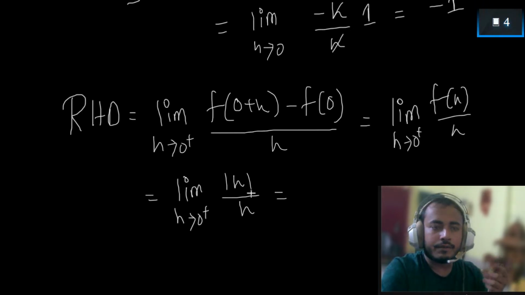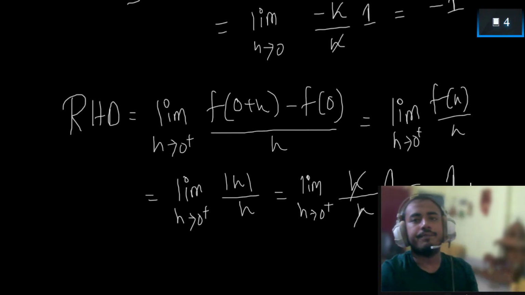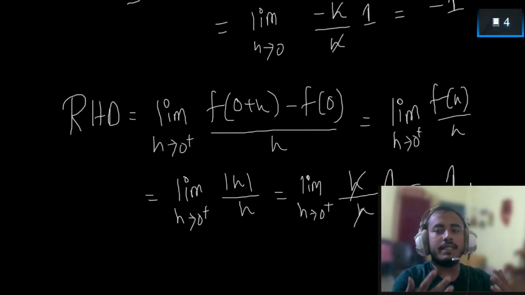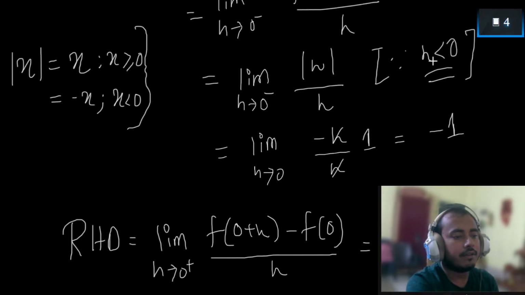If h is positive, then mod h is positive h, right? So limit h tends to 0 plus h upon h, cancel it off, you get 1. The answer is 1. So basically this is your right-hand derivative, and we found out that the left-hand derivative was minus 1.